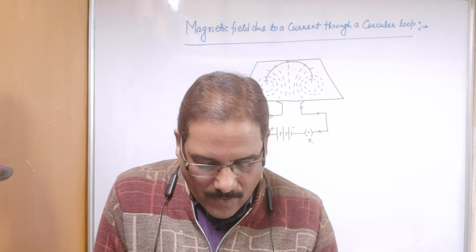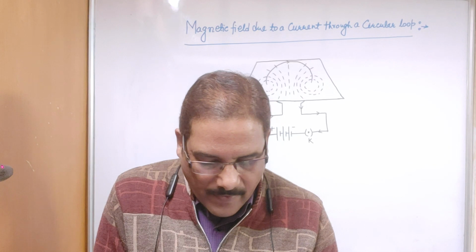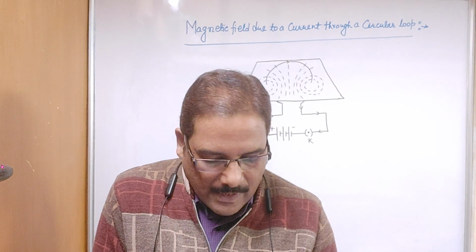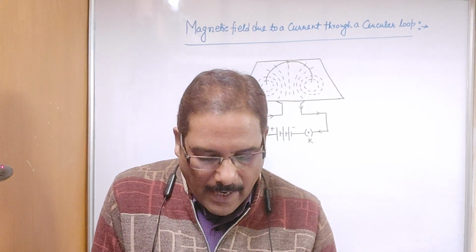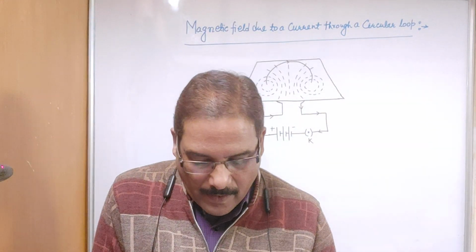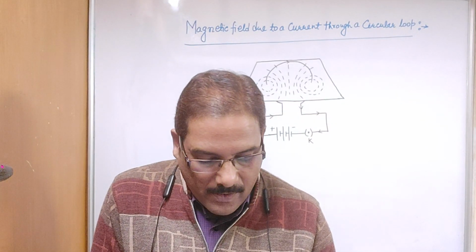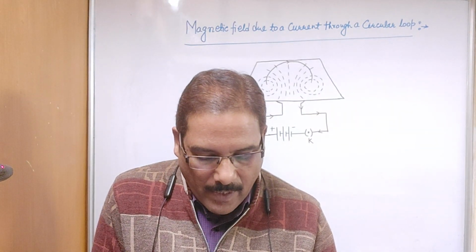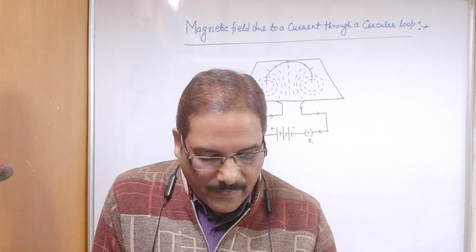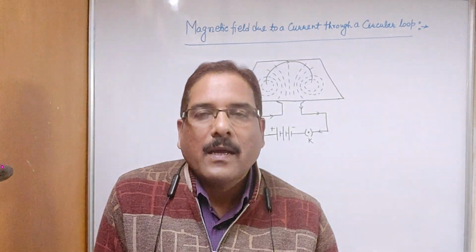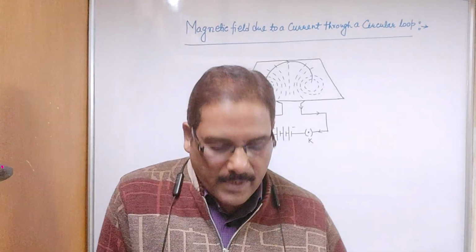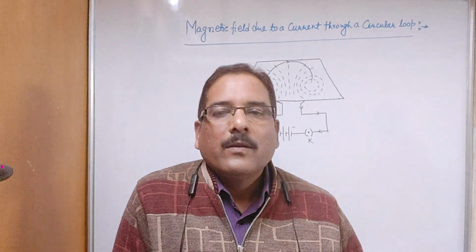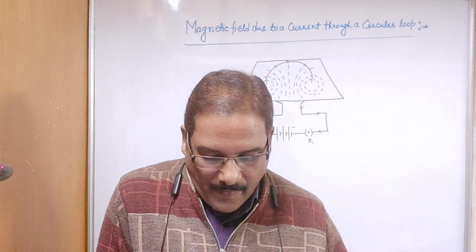If there is a circular coil having n turns, the field produced is n times as large as that produced by a single turn. This is because the current in each circular turn has the same direction and the field due to each turn then just adds up. So this line is important.